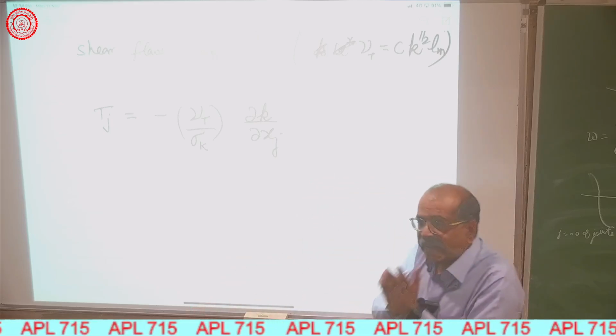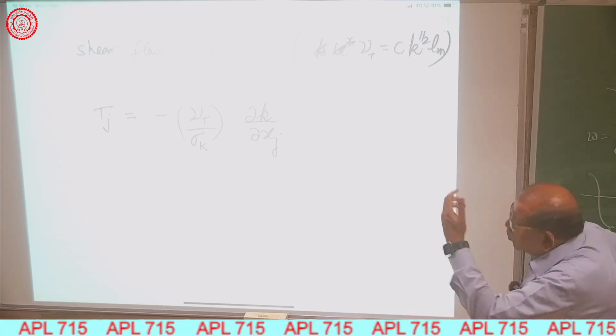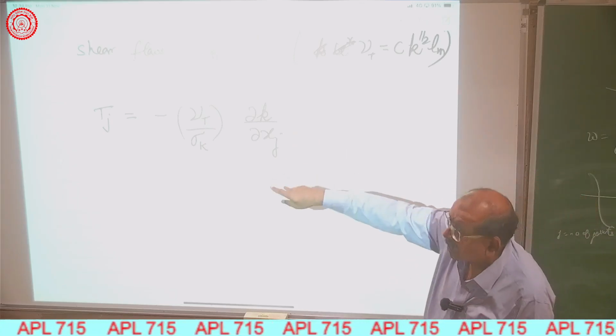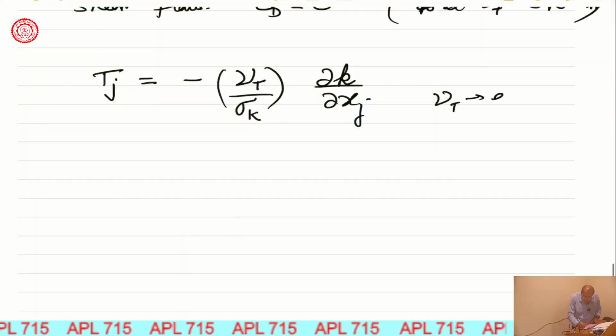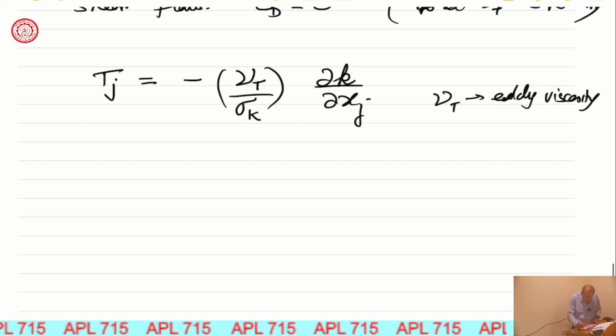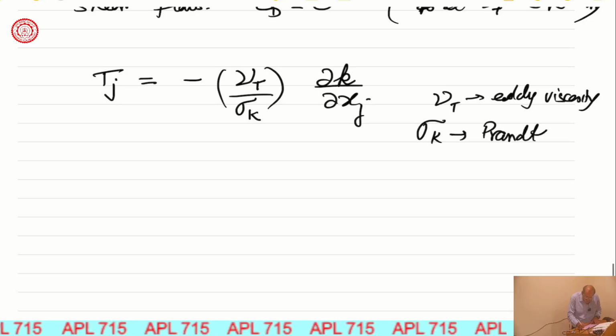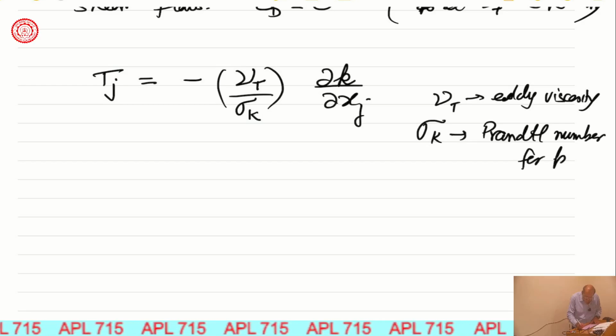But just in case you come across some other flow, they took it as minus nu T upon sigma K. So here, nu T is the same eddy viscosity and sigma K is a Prandtl number for the turbulent kinetic energy.